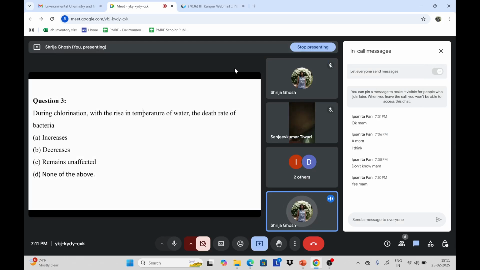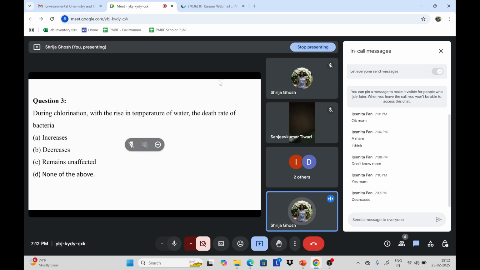What do you think happens here? What will happen to the death rate of bacteria during chlorination? Will the bacteria die faster, or will the death rate decrease? Do you know why we do chlorination of water?